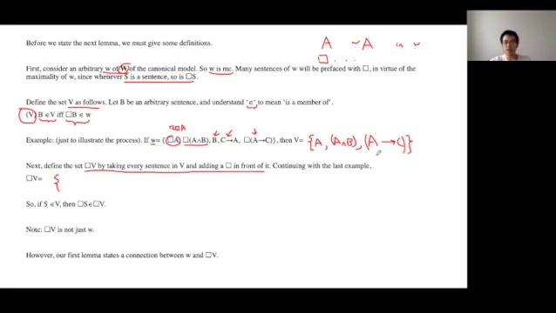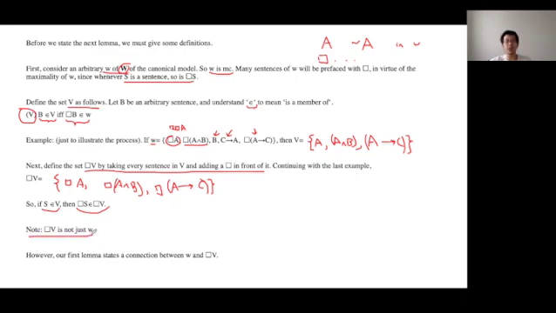So in our example we were working with before, box V is going to look like this. It contains box A, because A is an element of V and we're adding box to it. We're going to have box A and B. We're going to have box A arrow C. So the idea is that if an arbitrary sentence S is an element of V, then box S is an element of box V. That's just how we've defined box V.